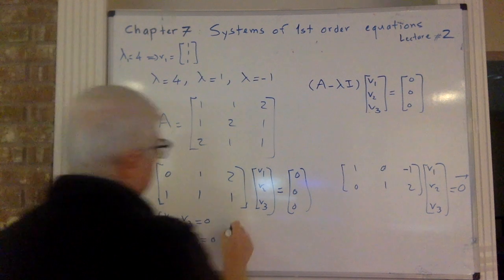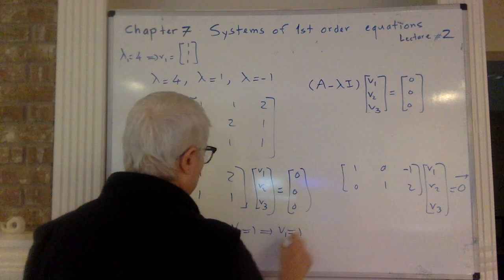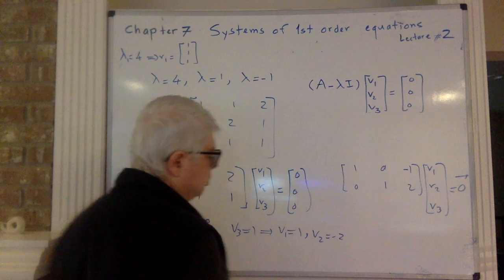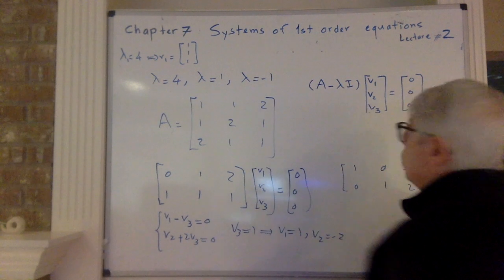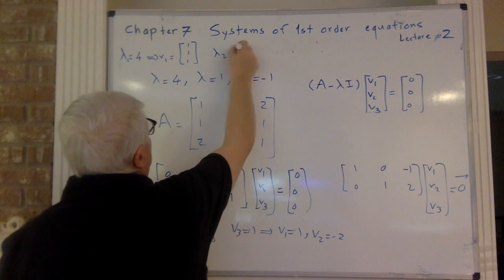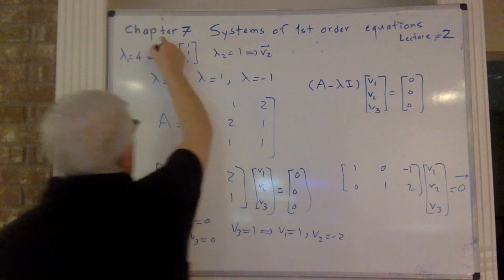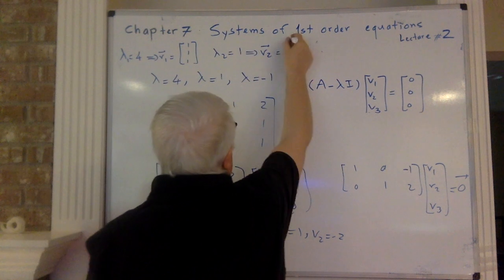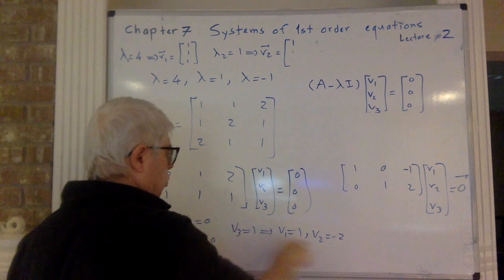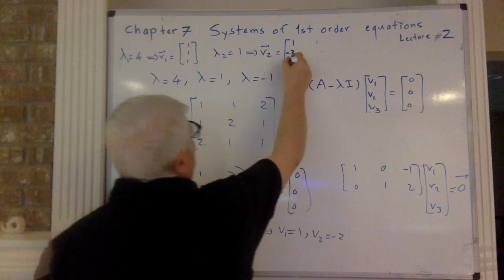So if v3 is 1, then v1 is also 1, and v2 is -2. So v1 is 1, v2 is -2, and v3 is 1.